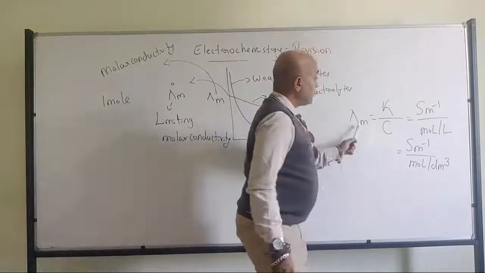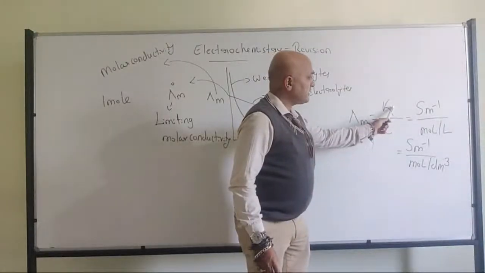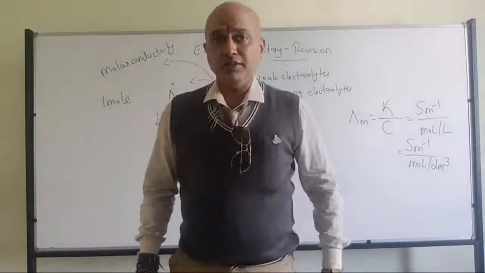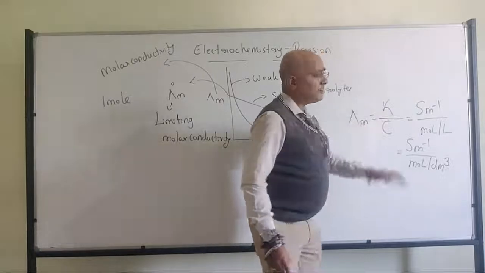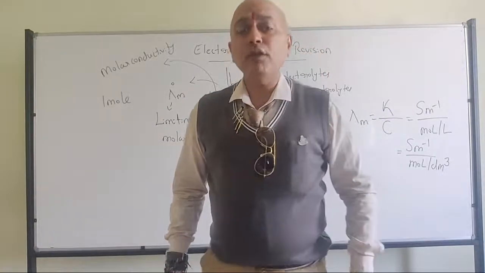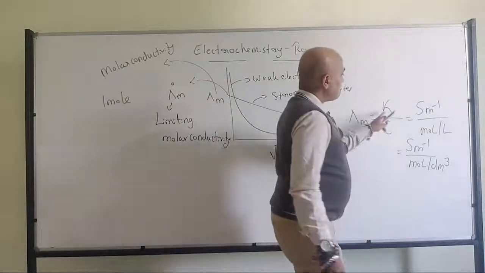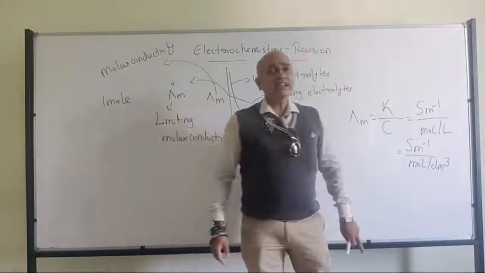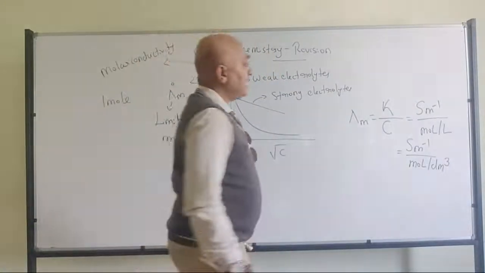Once again I will tell, molar conductivity is specific conductivity divided by concentration. That is why molar conductivity is nothing but the conductivity of a 1 molar solution. When I am talking about specific conductivity, the unit will be Siemens per meter.